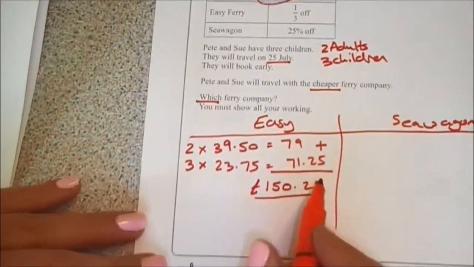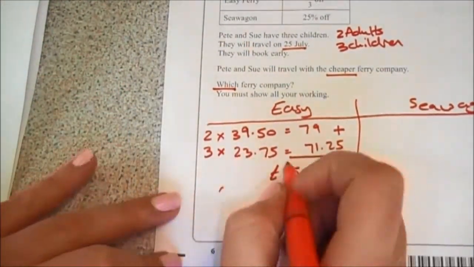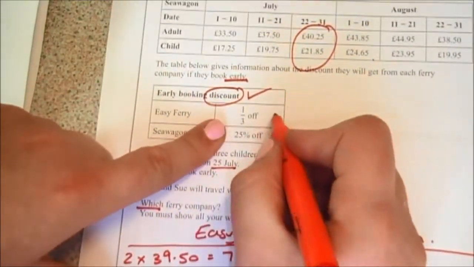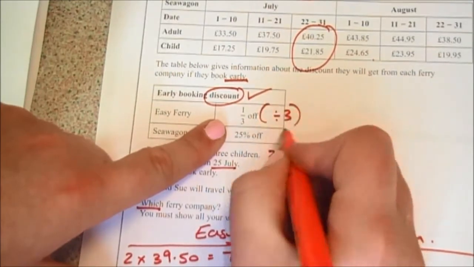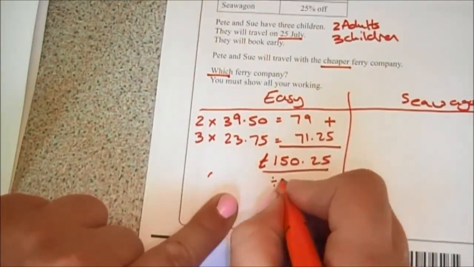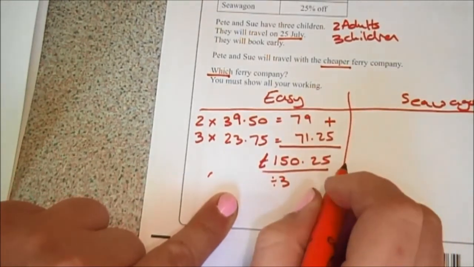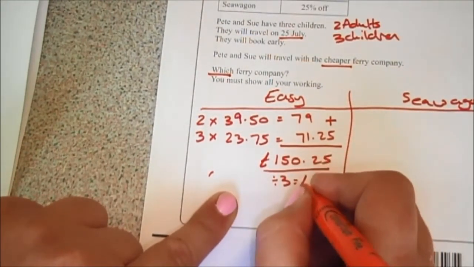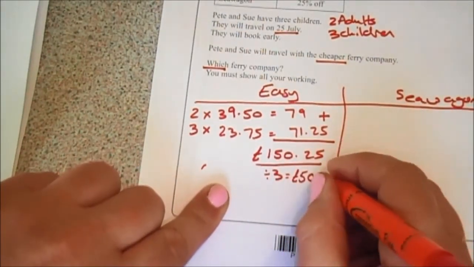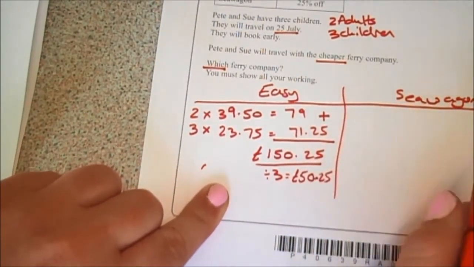Okay, so without discount. Now I'm going to find my discount. So Easy Ferry gives you 1/3 off. To find 1/3 of something, you divide by 3. So I'm going to do that and divide by 3, which is going to give me £50.25.